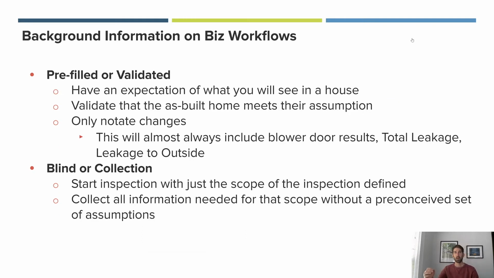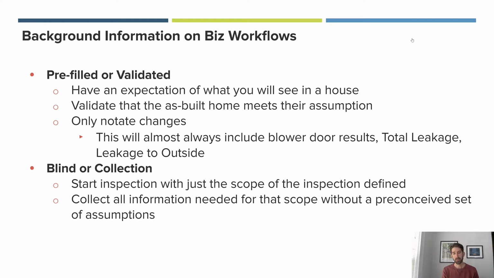So one of the most important nuanced pieces is pre-filled or blind or validated or collection-based inspection workflow. When I say pre-filled or validated, what I mean is that when you go to a house, your inspection form is mostly filled out. It says, this is the target blower door number this home needs to pass an energy code.